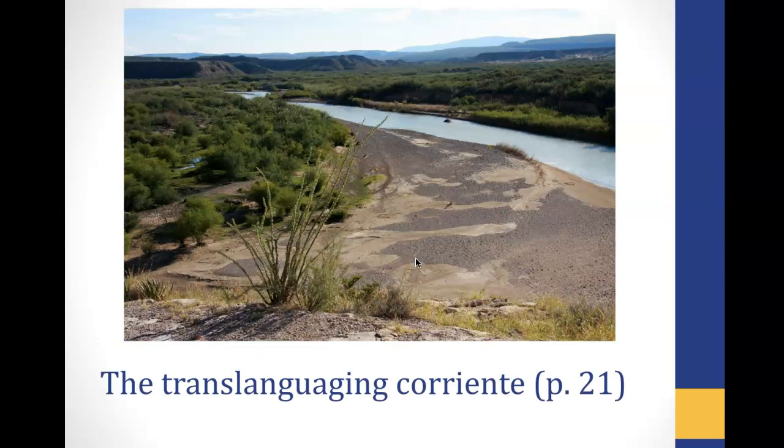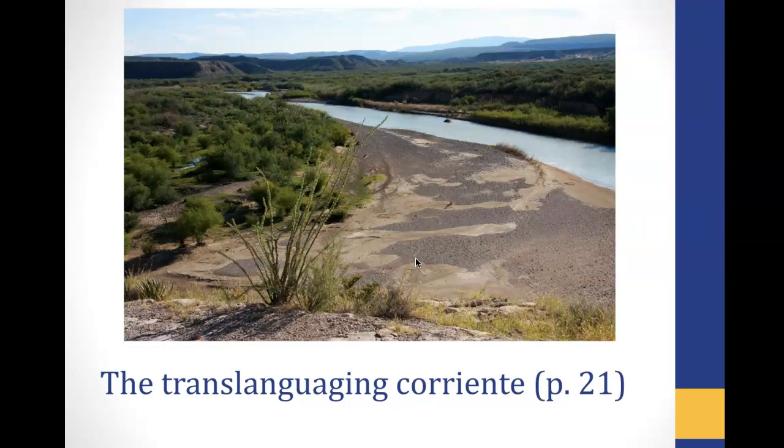In chapter 2, the authors go a little bit more into what the translanguaging classroom framework looks like, and they discuss this idea of the translanguaging corriente. The idea of corriente is shown here. It's like a current or a flowing river, flowing water. The idea of the translanguaging corriente is that in your classroom, you have kids who are multilingual.